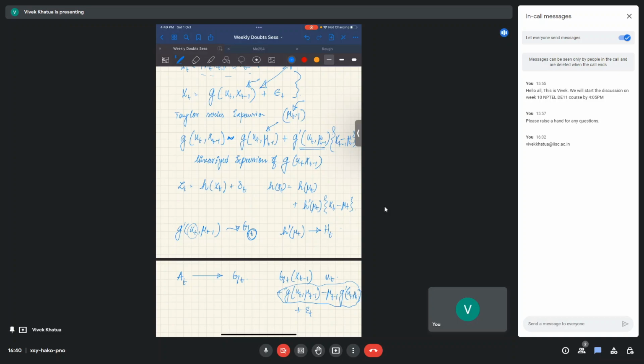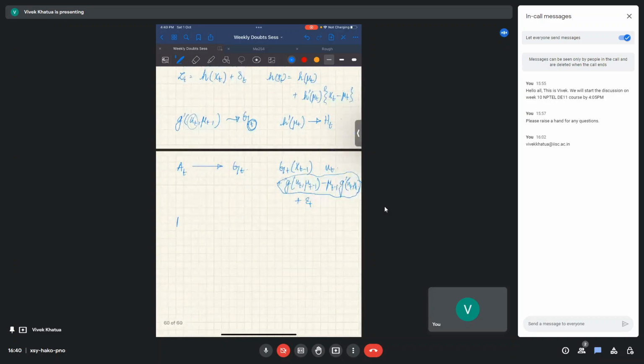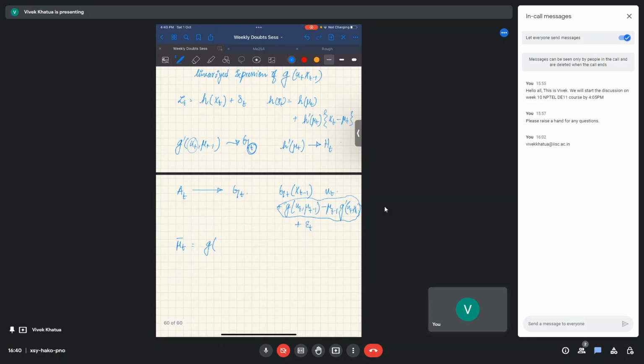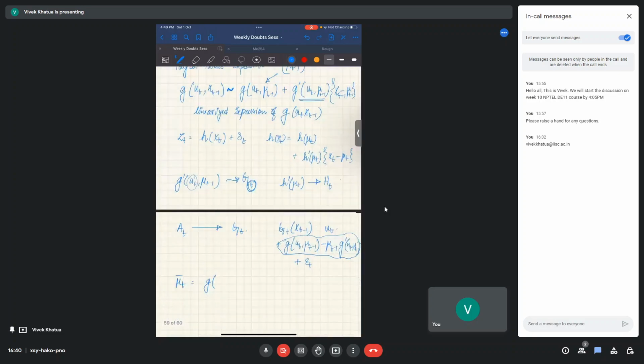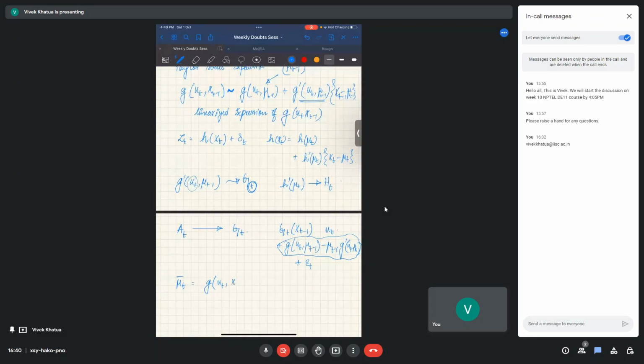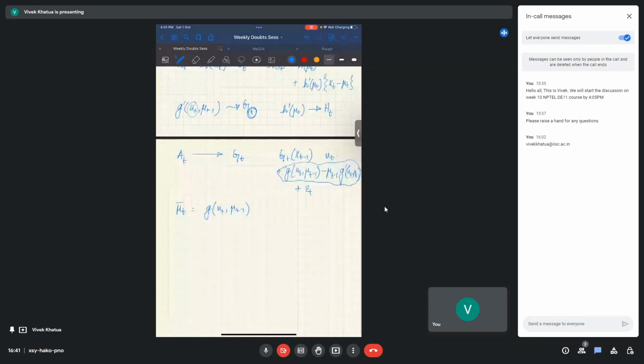In the state prediction, it will be just g of u_t and mu_t minus 1. This will be a state, there is no B_t.